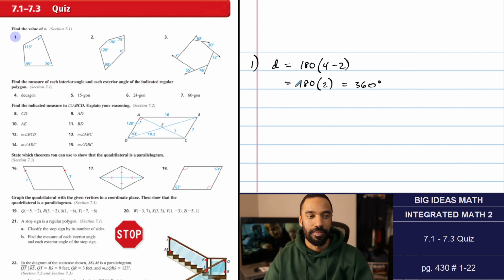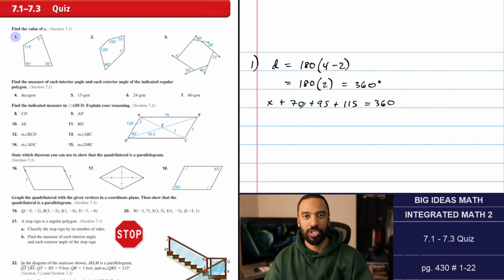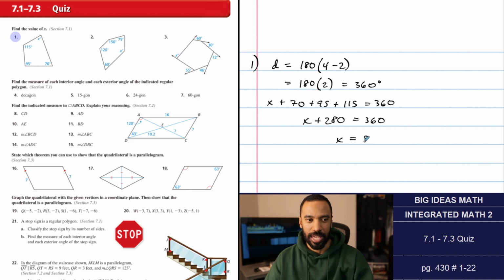With that said, these angles add to 360 degrees, including the x, which we want to find. x plus 70 plus 95 plus 115 equals 360. Probably should be looking at my calculator here and there, but we'll see. That's 200. It's 280. Subtract 280, you get x equals 80 degrees.